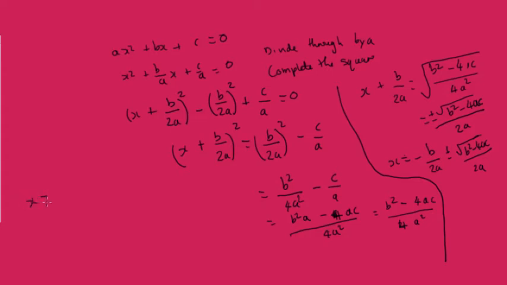Putting it under one fraction, it is going to be minus b plus or minus the square root of b squared minus 4ac over 2a, which is the quadratic formula.